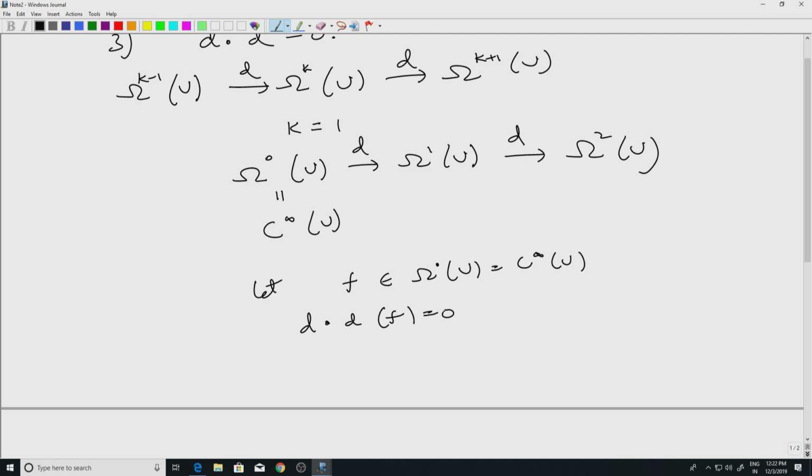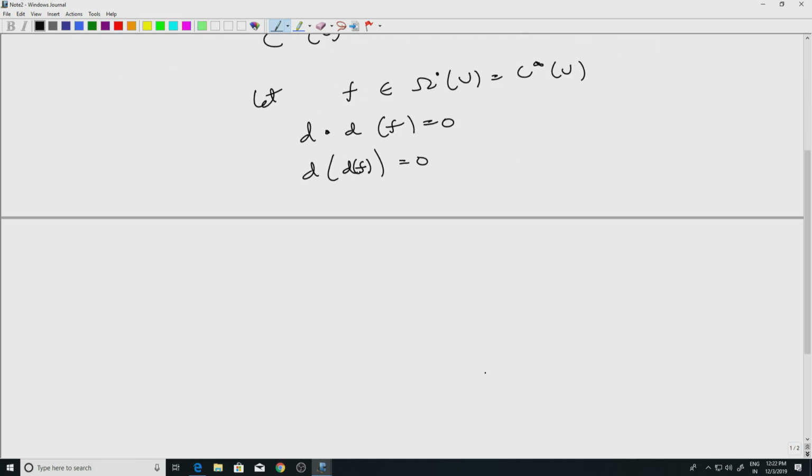Well, this is d of df. Now df, the way we had defined d, is just our usual derivative operator on functions, so df is the same as the sum of del f by del xi dxi.